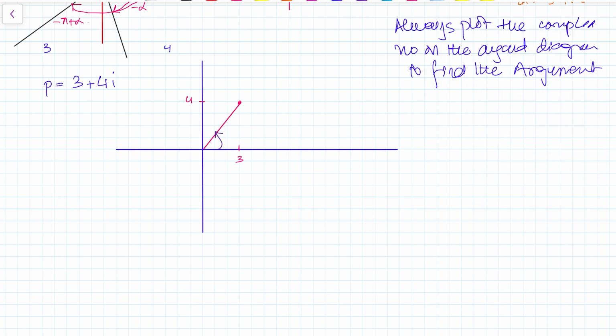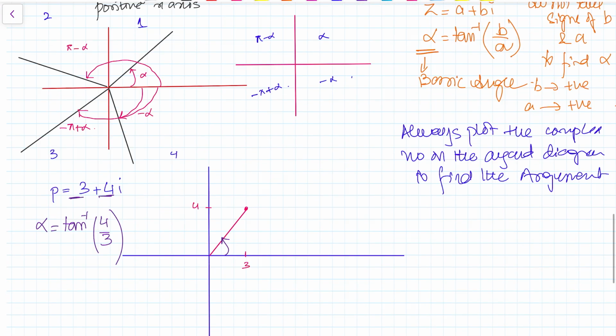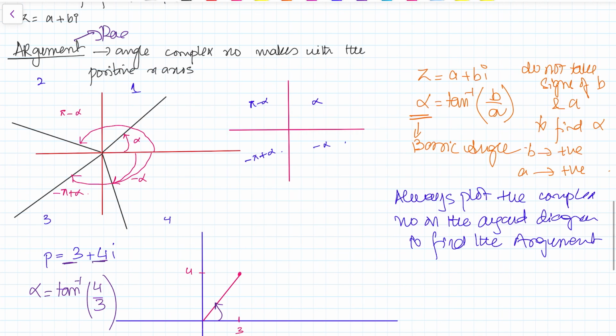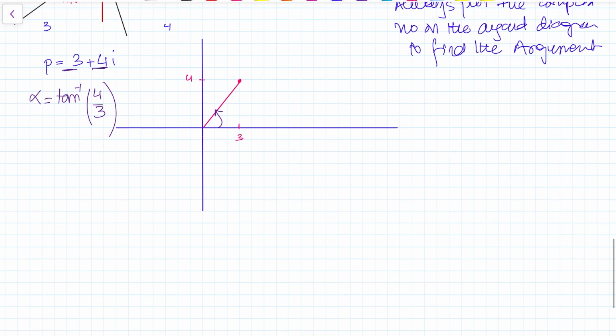And this is the angle that we have to find out, which is alpha. So alpha is equal to tan inverse b upon a. And the argument has to be in radian mode. So it becomes tan inverse 4 upon 3, which gives you 0.927. So you can say the argument of z is equal to 0.927.